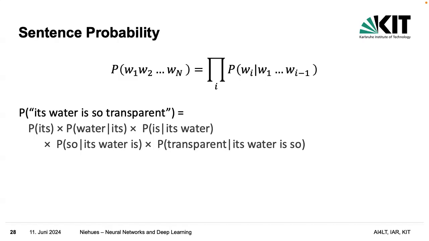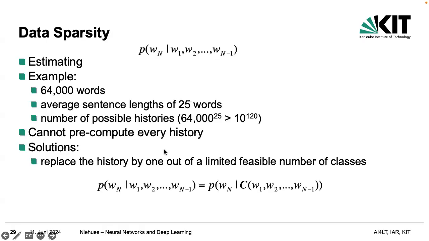However, we haven't really solved our problem, because in order to estimate this probability, we would still have to see all the histories. And the longer our history gets, the more problematic it is.